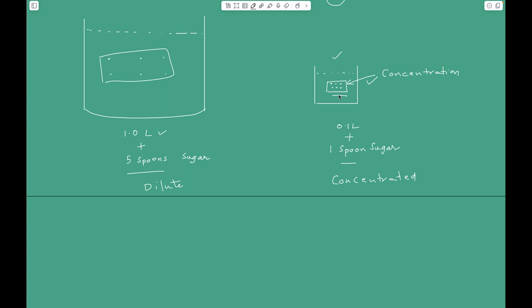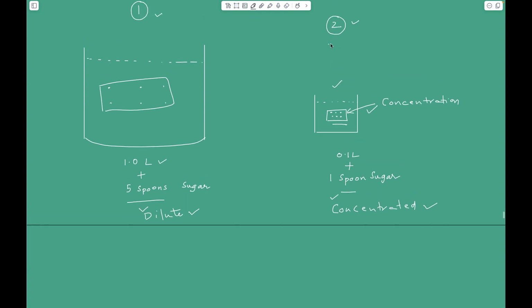And a solution in which the crowdedness of the particles is more is called a concentrated solution, and a solution in which the crowdedness is less is called a dilute solution. Now, by using these words, we understand that the second solution is more concentrated than the first solution.